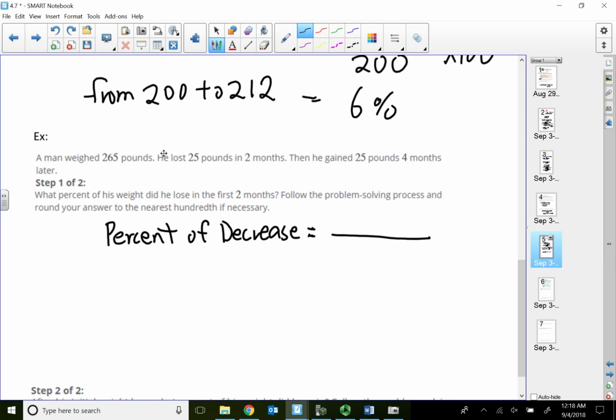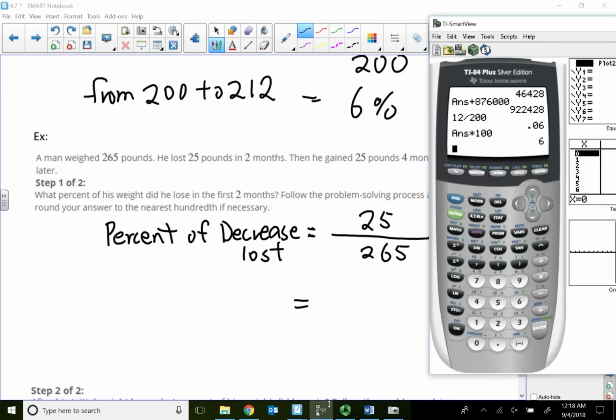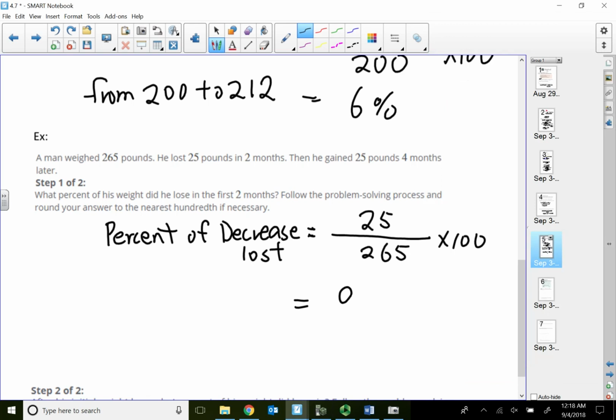He lost 25 pounds, so the decrease is 25 pounds divided by where he was from, 265, times 100. That tells me the percent of weight lost, which is 9.43%.